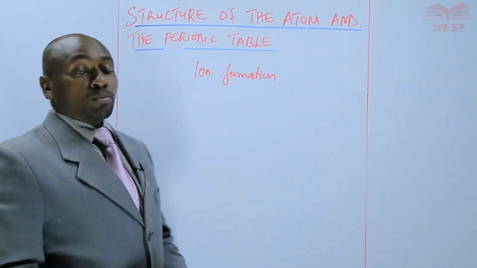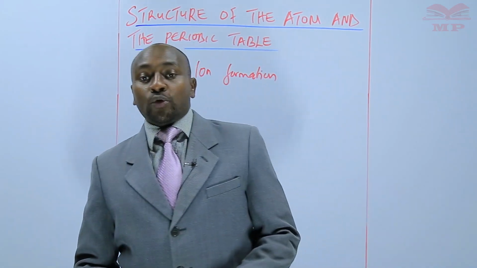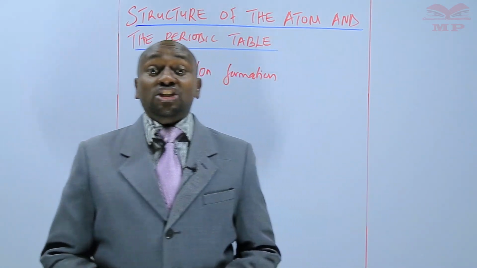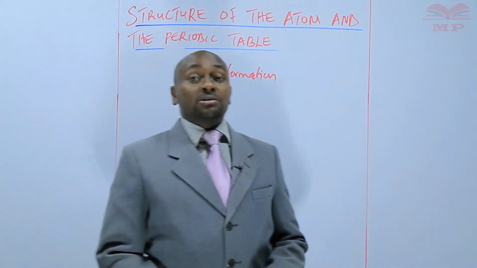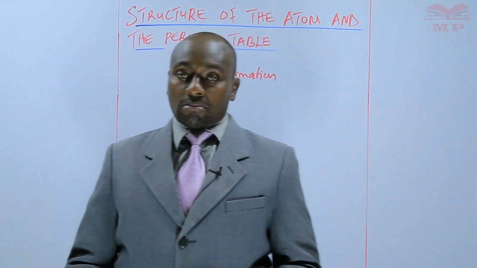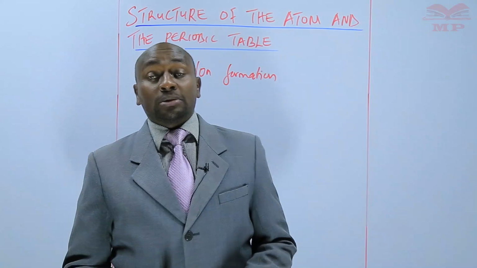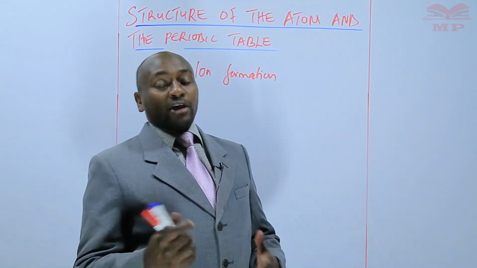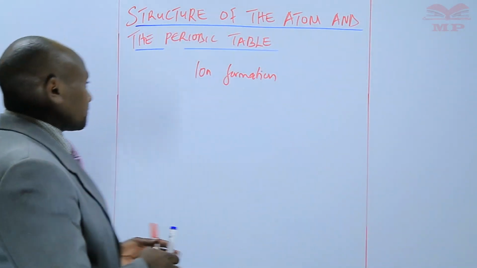Before we get into more details about ion formation, we know that an ion is a charged particle, and that charged particle is obtained from an atom. So in other words, we are saying that an ion can either have a positive charge or a negative charge.